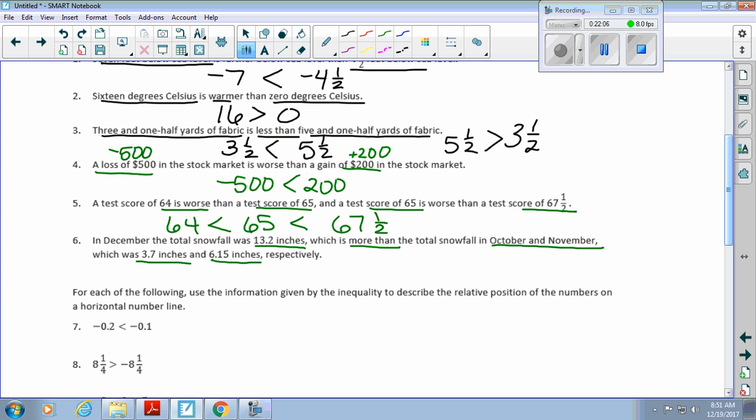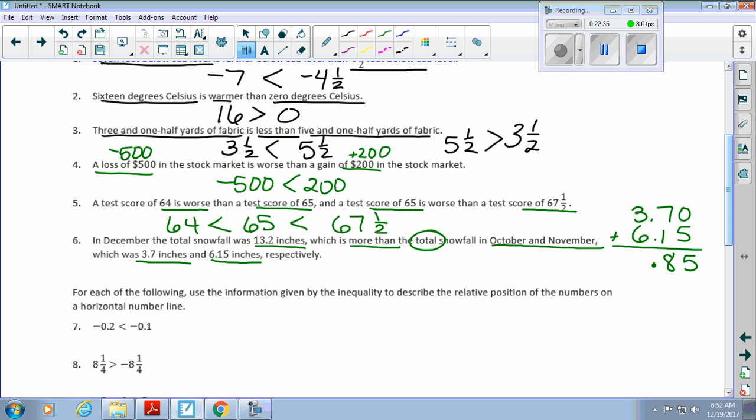All right. If you read that carefully, it's asking you for the total snowfall for those 2 months. So what do I have to do to find the total of those 2 months? Everybody, what should you do? Add them. Very good. All right, so we're going to add 3.7 and 6.15, lining up the decimal point. All right, 0 plus 5 is 5.